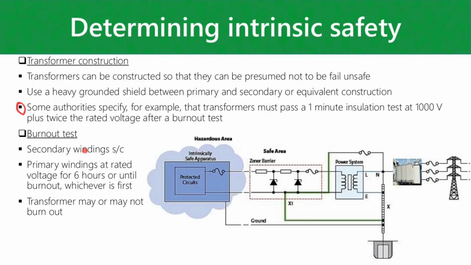What the burnout test involves is that the secondary windings are short-circuited. If you think about a step-down transformer, you're now going to have a lot of current flowing through the secondary side and very little current on the primary side. The primary side windings is then put at rated voltage for 6 hours or until the transformer burns out. If the transformer burns out, then it's dead. But if it doesn't burn out, then it needs to be able to pass this 1-minute insulation test.